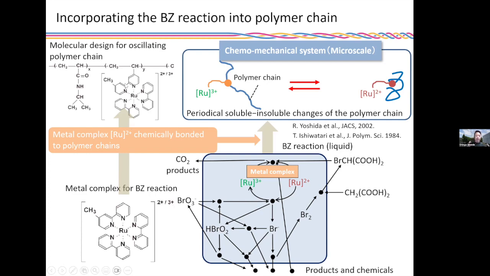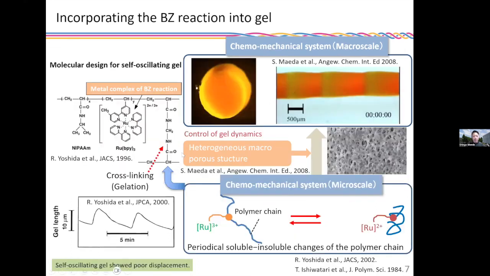When we make an oscillating polymer, we can see periodic soluble and insoluble changes of the polymer chain, a kind of chemomechanical system at micro scale. When we introduce a cross-linker to the polymer systems, we can make gels, and we can make large chemomechanical coupling systems.